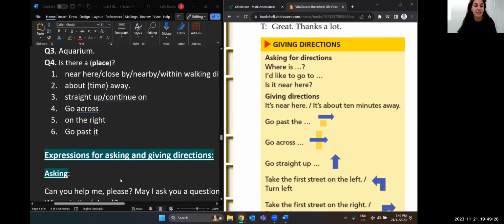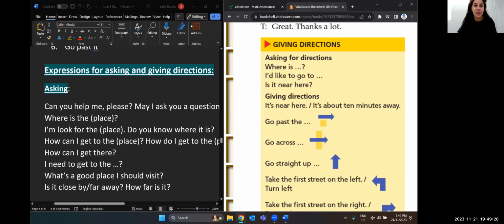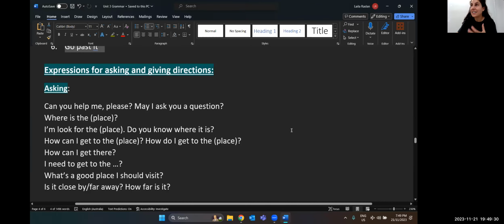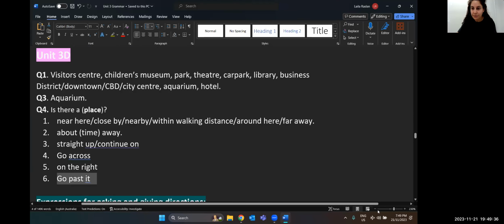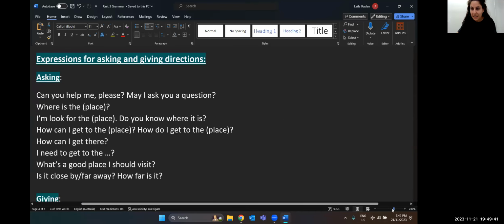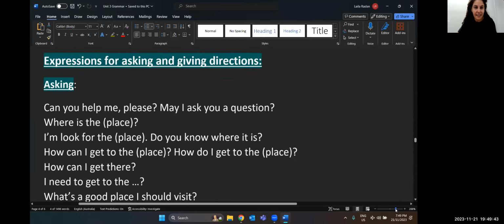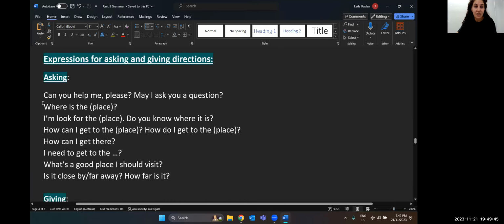Okay, so we have expressions for giving and asking about directions. They're called expressions. So you'll see expressions are like saying, when you're asking, you can say, can you help me, please?